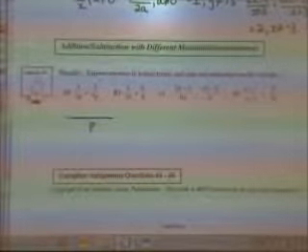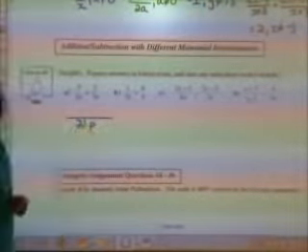Now I look at the numbers. What's my common multiple for 3 and 7? 21. So 21p would become the common denominator.